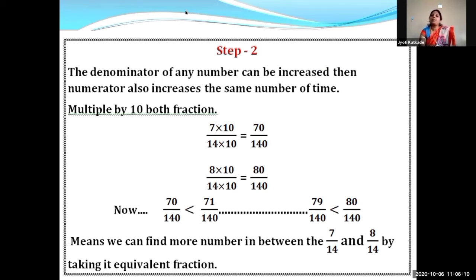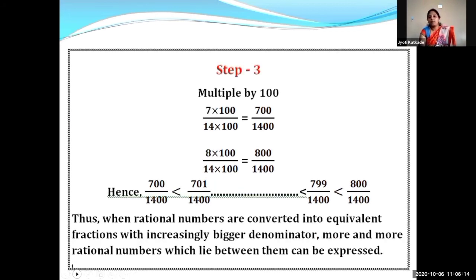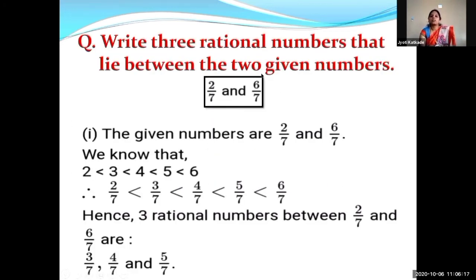Next slide. Question from practice set. Question number 1. Write 3 rational numbers that lie between the two given numbers 2/7 and 6/7. This is an easy example for you. The given numbers are 2/7 and 6/7. Now we know that in between 2 and 6, the numbers are 3, 4 and 5.